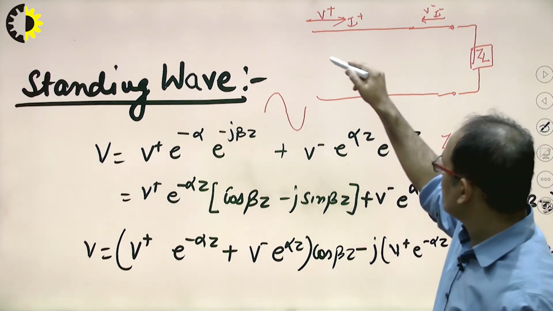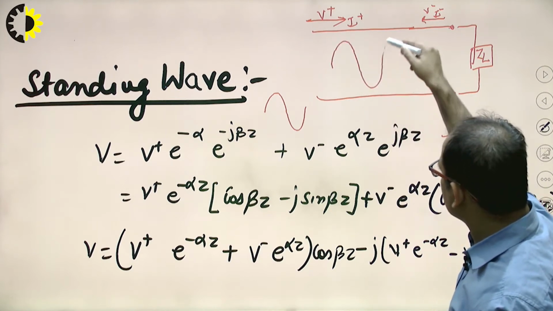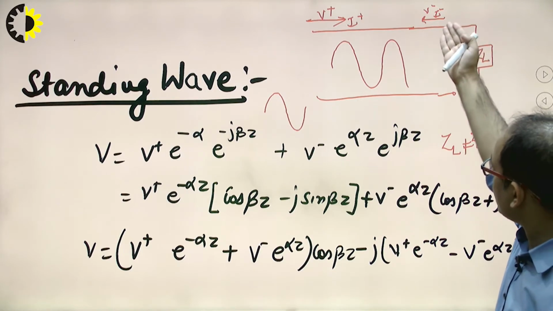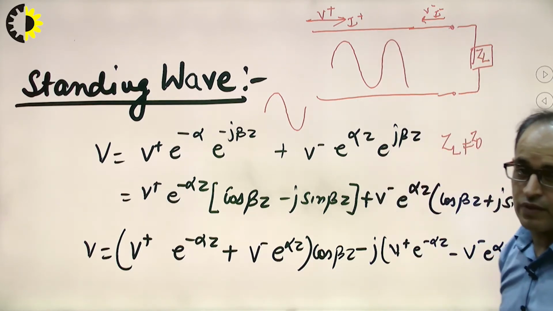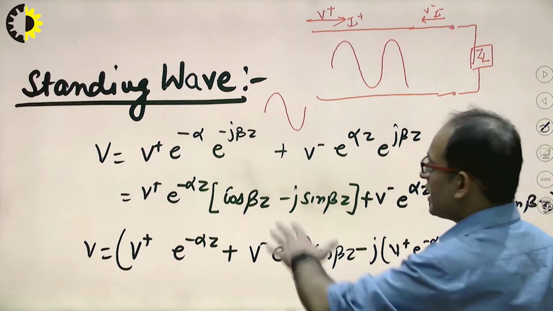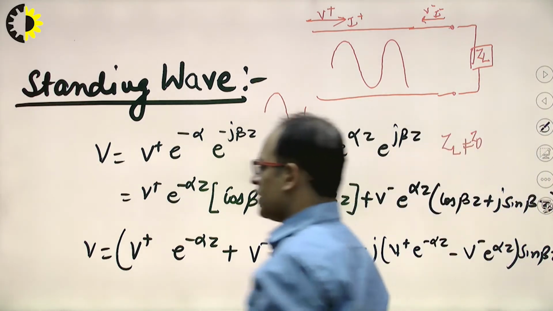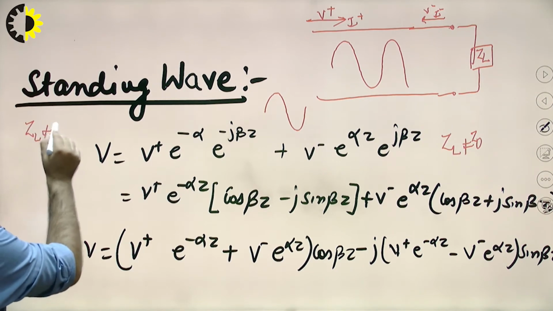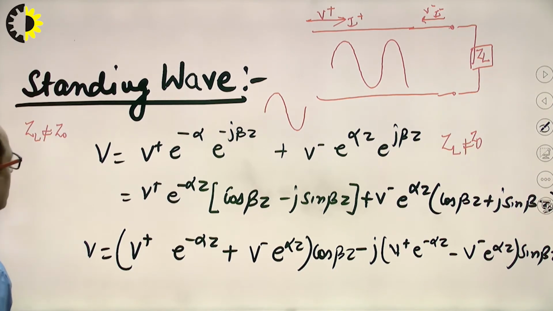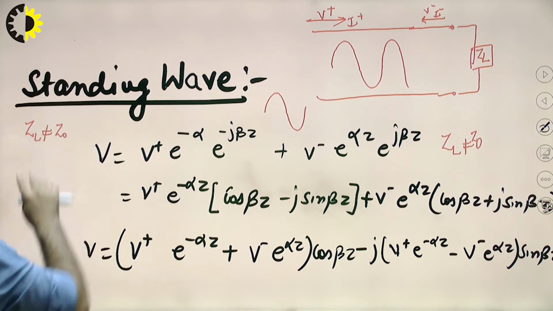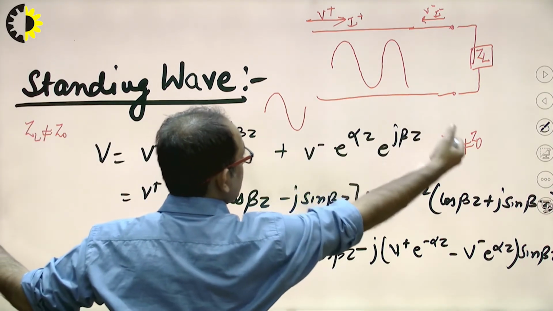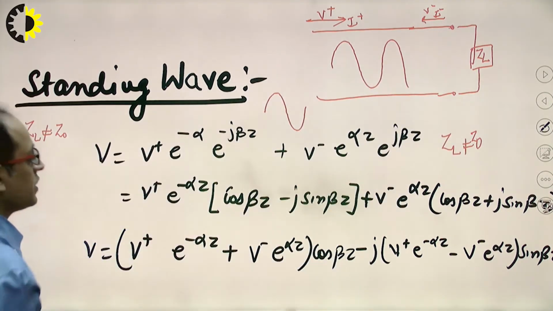Means standing waves exist due to the superposition of the incident wave and the reflected wave. Clear? Means standing wave exists when there is imperfect matching and ZL is not equal to Z naught. Clear? And I can say that standing wave exists when there is superposition of the incident wave and the reflected wave. Clear?